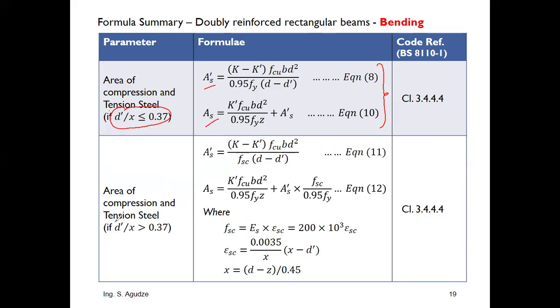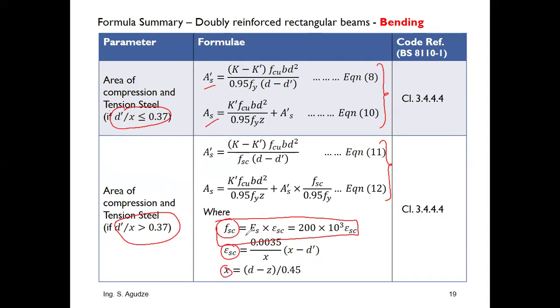And if your d prime over x is greater than 0.37, you will use these two equations. And remember that for FSC, you calculate x first, calculate epsilon SC, do the substitution, and then you will be able to calculate this one.